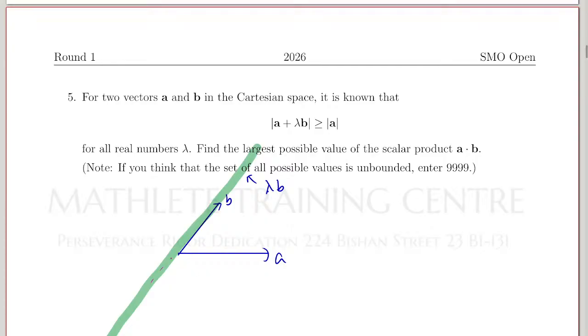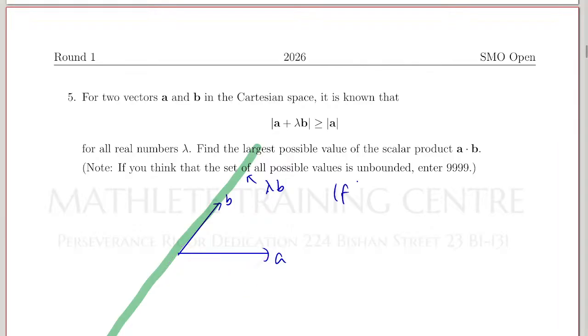So it could be that, for example, I go B first, and then I go here. Or I go here, then go here, and so on. If I add here, it will be like that, right? But already you can see some examples. If I do a little bit like this and I add here, this length probably is going to be shorter than this length if it's not a right angle.